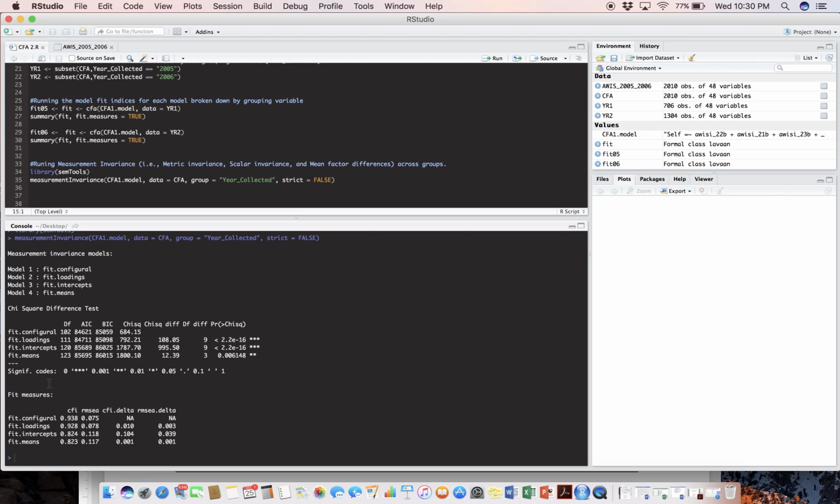And then for metric invariance, in addition to making sure that the items are measuring the same across administrations, now we're looking at factor loadings to make sure that the factor loadings are roughly equivalent across administrations.